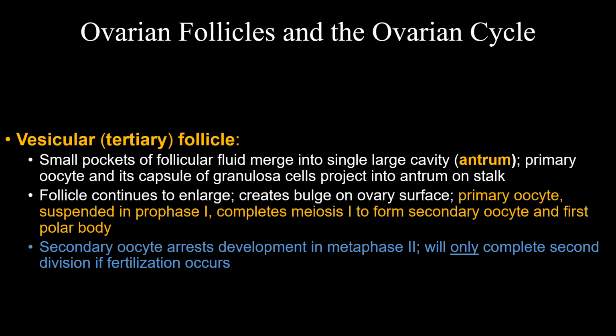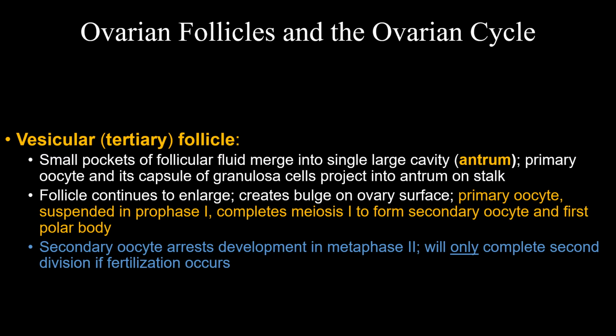The primary oocyte and its surrounding capsule of granulosa cells, now known as cumulus cells, project into the antrum. As the vesicular follicle continues to enlarge, it may reach 15 to 25 millimeters in diameter, and it will create a visible bulge in the surface of the ovary.